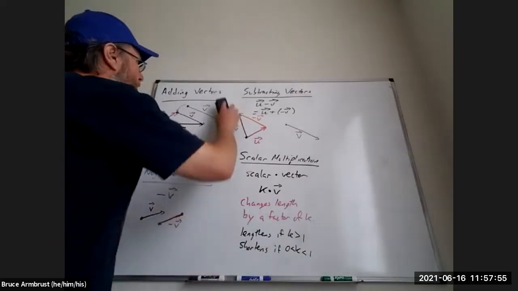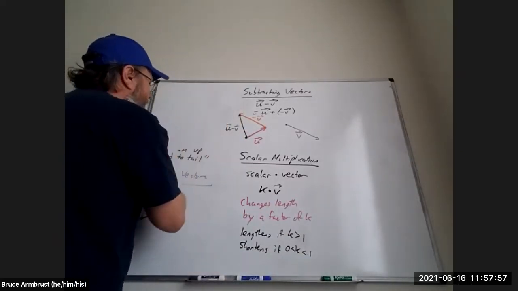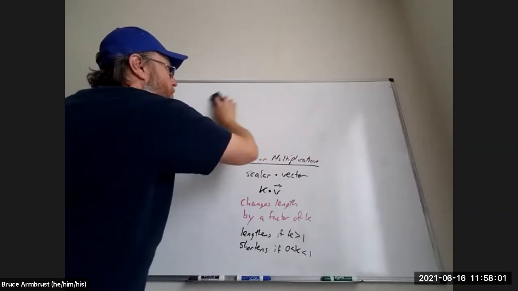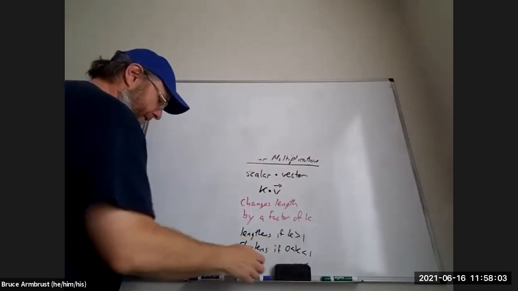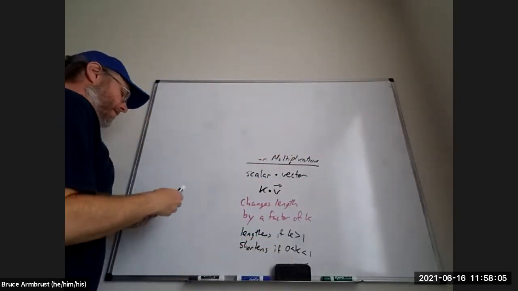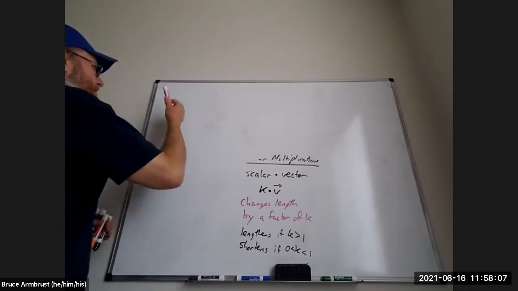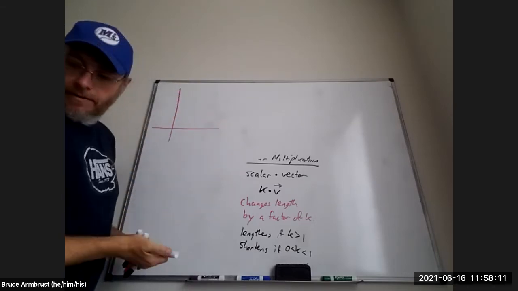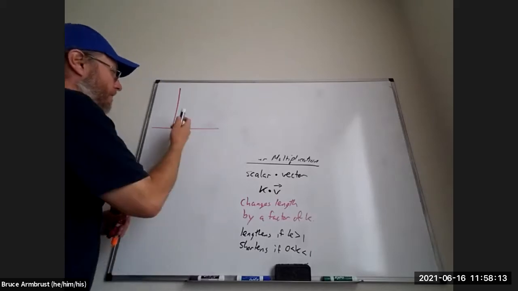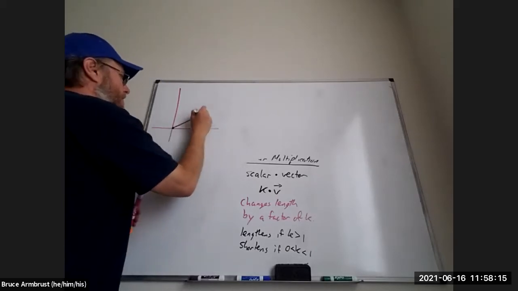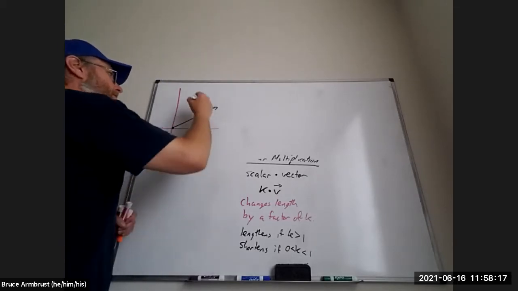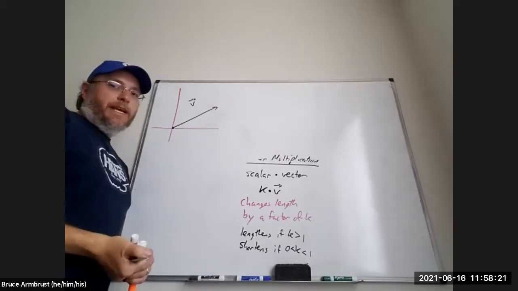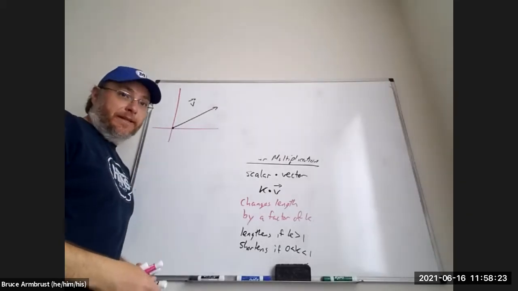So let's go back and look at a vector that's in standard position, coming out of the origin, pointing in some direction. Here's our vector v. Now, we're going to break it into what we call components.